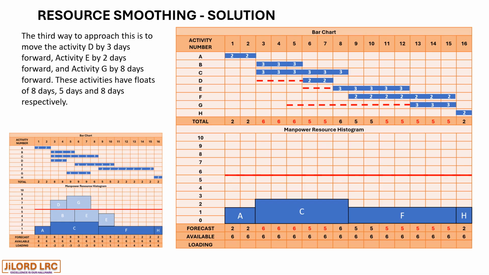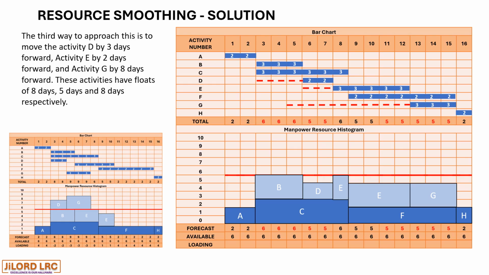And then the movement of activity D by 3 days would mean that B will remain where it is because B has not been moved. So we bring activity D, and then we move activity E also by 2 days, and that is what we see, and we move activity G by 8 days, and that is what we see.